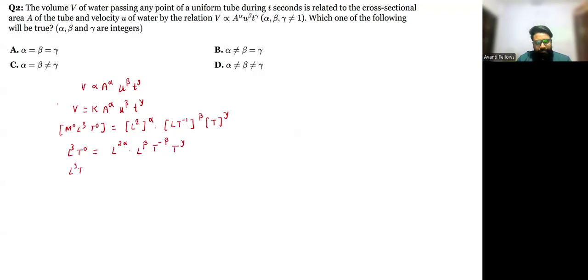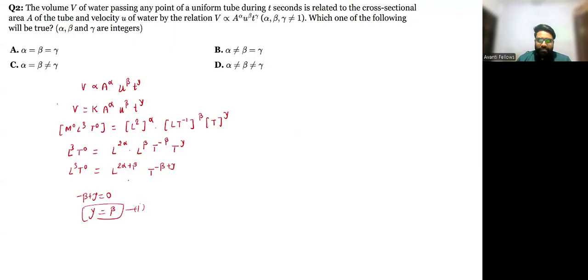So the bases are the same, powers will be added: L raised to the power 2 alpha plus beta, T raised to the power minus beta plus gamma. Now if we compare, here time is raised to the power 0, and there time is raised to the power minus beta plus gamma. So minus beta plus gamma should be 0. If bases are the same, powers will be equated. So here gamma is equal to beta. This is the first relation.